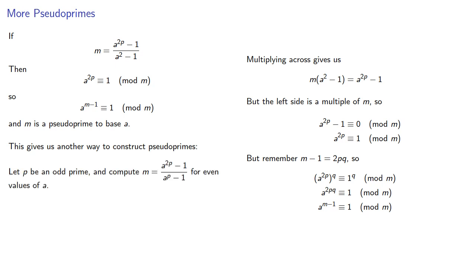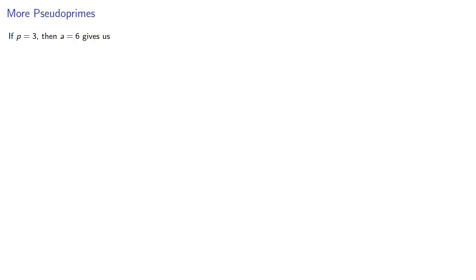So this time let p be an odd prime, and we'll compute m for even values of a. If p divides m minus 1, then m is a pseudoprime. So if p equals 3, we find that a equals 6 gives us m equals 217, and 6 does in fact divide 217 minus 1, so 217 is a pseudoprime to base 6.